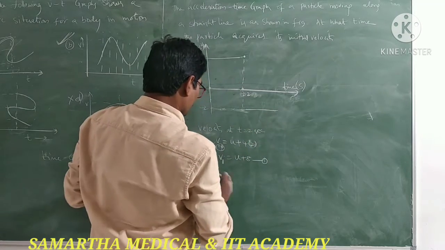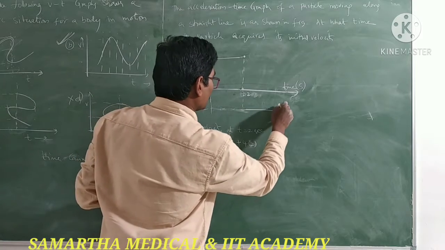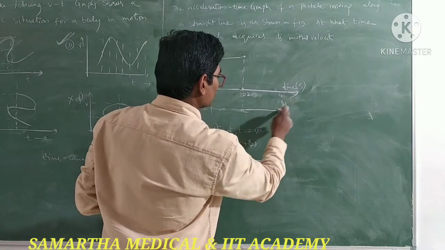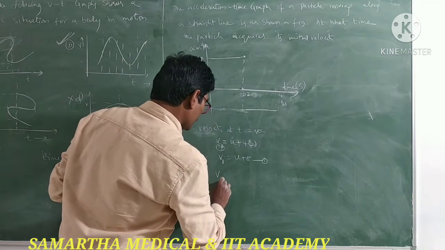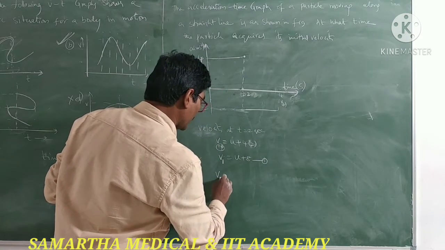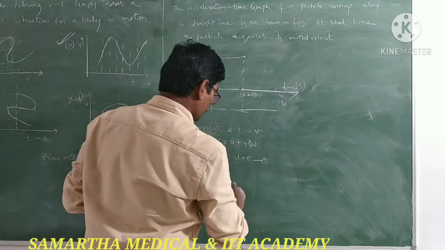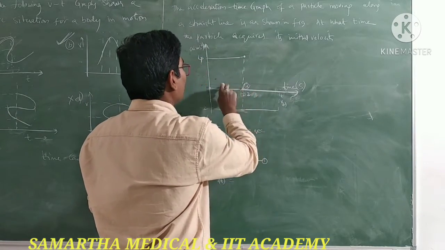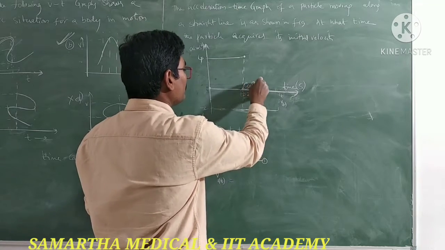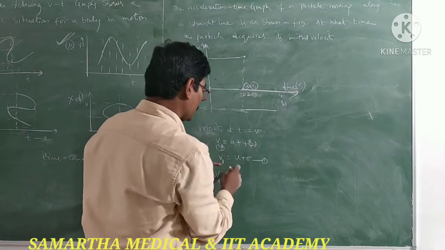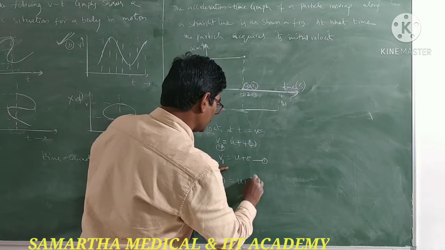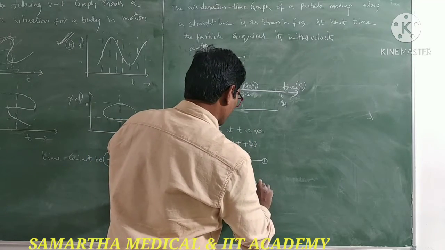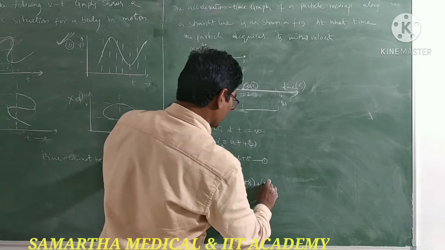Here, after a time t seconds, I need to calculate Vt for the second case. So Vt is equal to u plus at, where u is the final velocity of the first case, V1, that is u plus 8, plus a, which is minus 2.